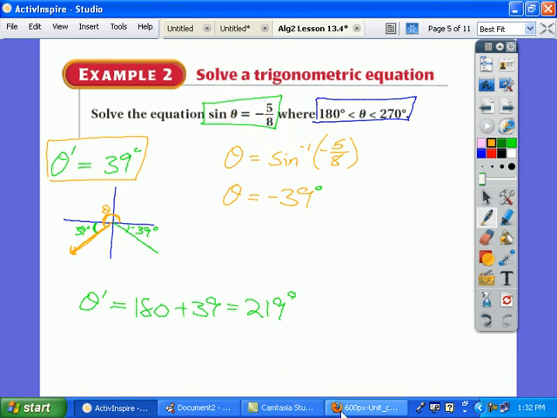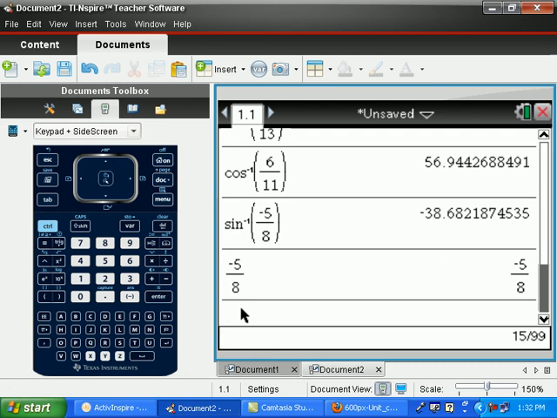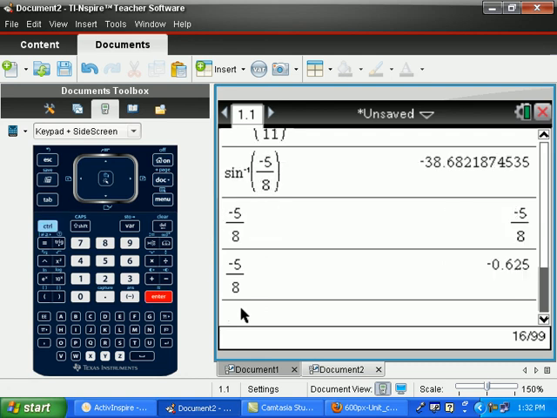And so when I take sine of 219 degrees, that should be very close to negative 0.625. Now it's going to be slightly off because I rounded 39. It wasn't 39 really, you can see it right here, it was 38.6. So because I rounded, our numbers are going to be off a little, but I'm supposed to get negative 0.625, and I get negative 0.629. So pretty close. Okay? So this is the idea.